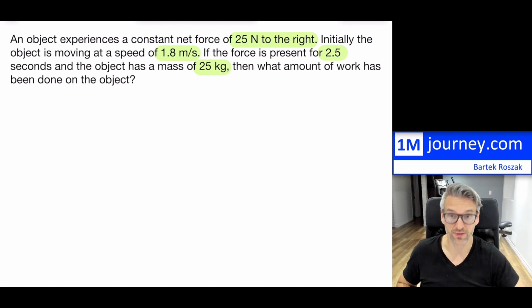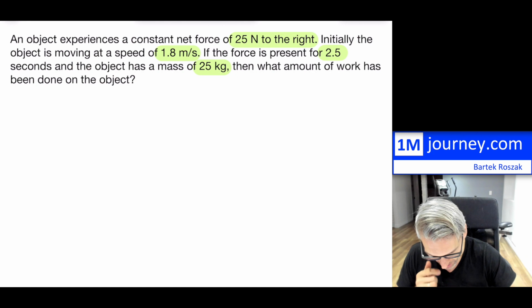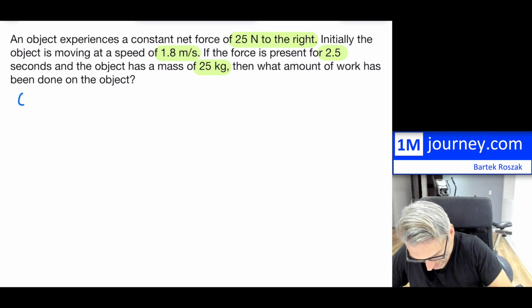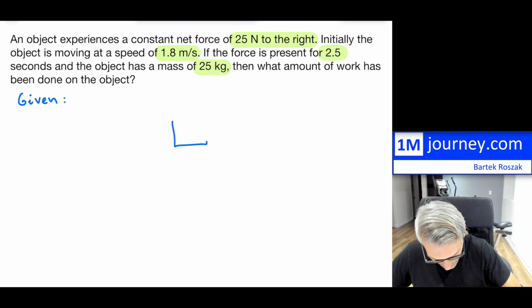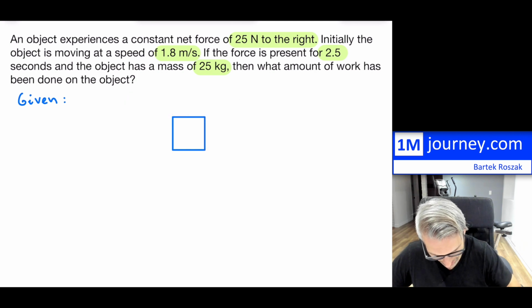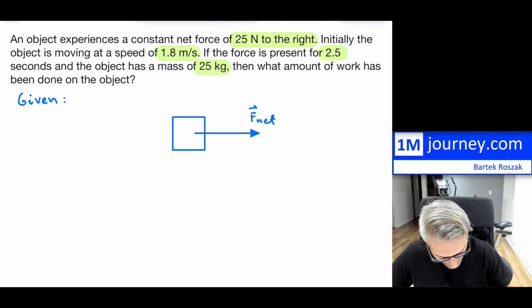All right, so it's a nice question. So now let's recall the given pieces of information, and we can try to map this out for ourselves. Okay, so let's imagine, here's the object. I'm going to do a free body diagram. So this is the net force. I'm going to say this is F net, and that is equal to 25 newtons. Okay, it's to the right.